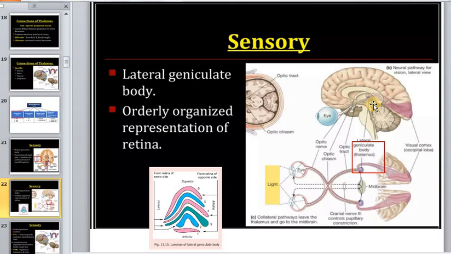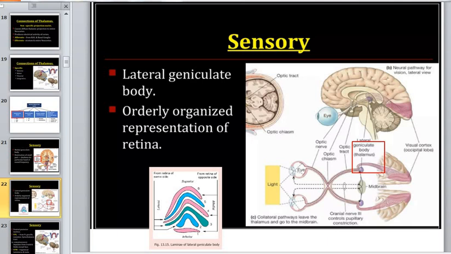In turn, this projects to specific areas of the primary visual cortex, and apart from the retinal fibers, the lateral geniculate body receives fibers from the primary visual cortex and from extrastriate visual areas. It also receives fibers from the superior colliculus and from the reticular formation of the pons and medulla.